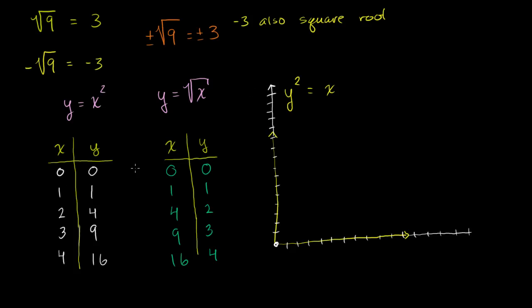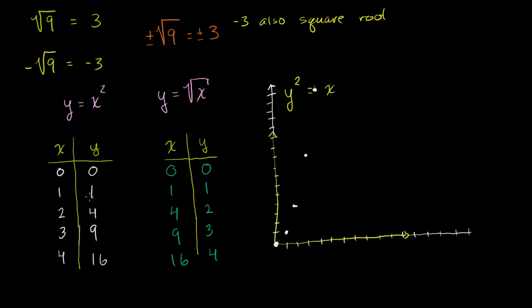Now let's graph it. So we have 0, 0; 1, 1; 2, 4; 3, 9; and 4, 16.